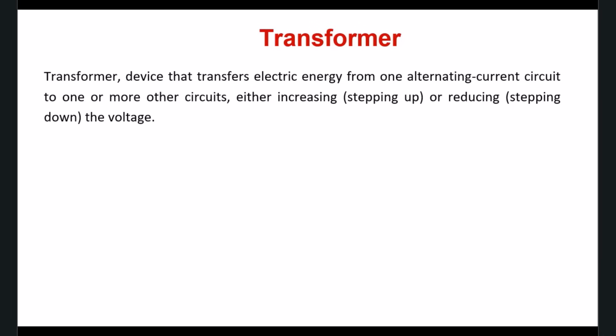We use conductors, which you can consider as cables, for transferring the electricity from the source place to the destination place, and those conductors also have a very small amount of resistance.